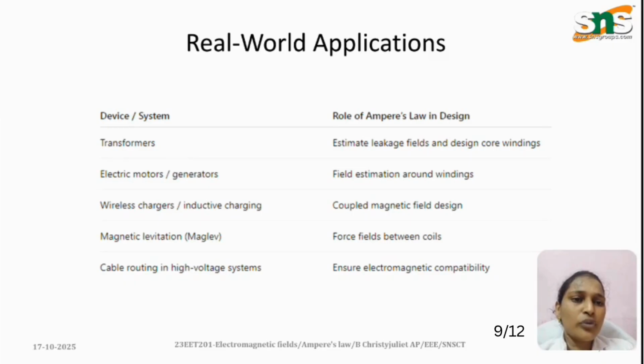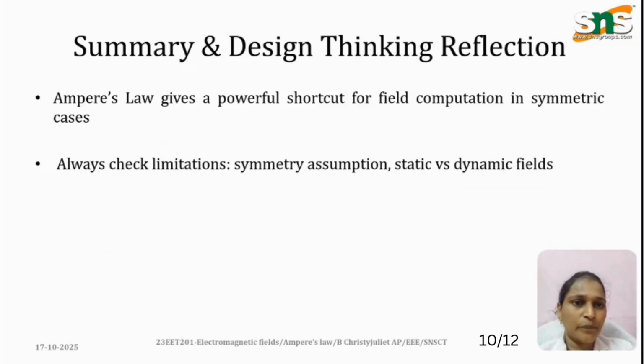For transformers, we estimate the leakage field using Ampere's law. For electric motors, we estimate the field around the windings. For magnetic levitation, we use Ampere's law to find the magnetic force between two coils. And for cables, we ensure electromagnetic compatibility with the help of Ampere's law.